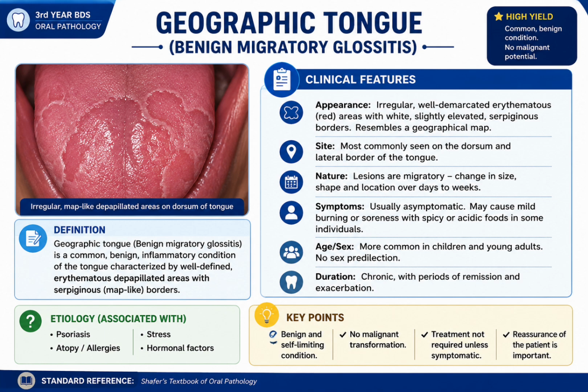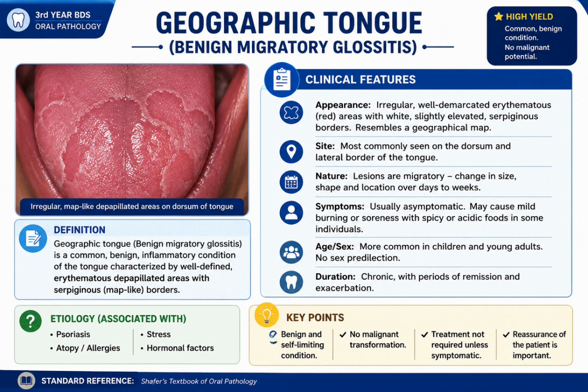Okay, so the next anomaly that we are going to learn is the geographical tongue. When you hear the name geography, what comes to your mind? A map. So in geographical tongue we can see irregular areas, and so it is called the geographical tongue. The other name of the geographical tongue is benign migratory glossitis.